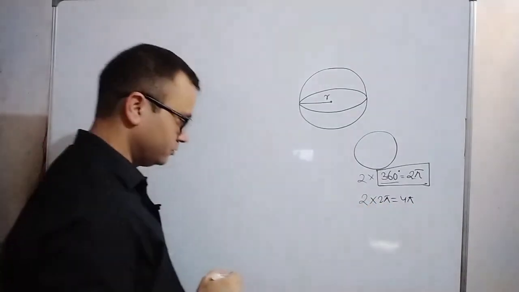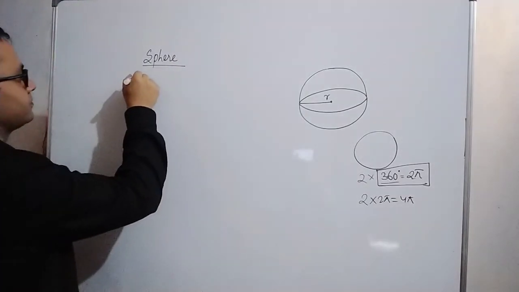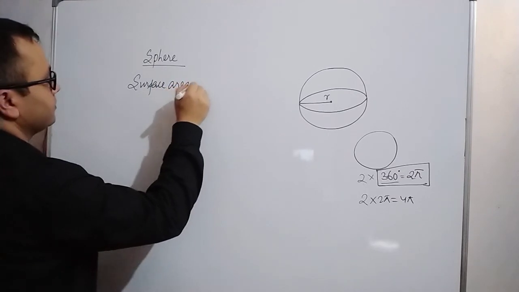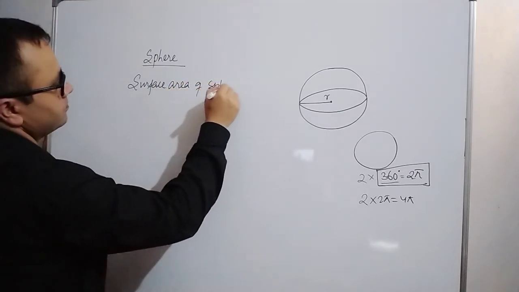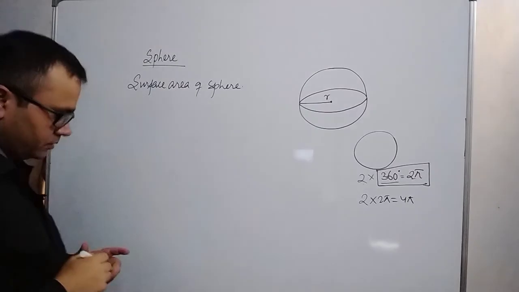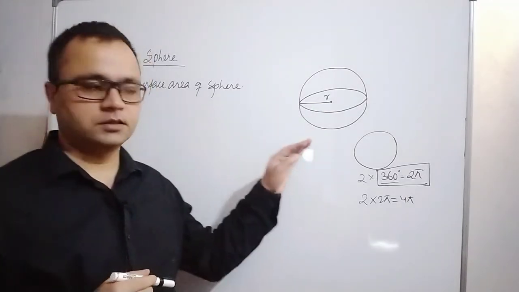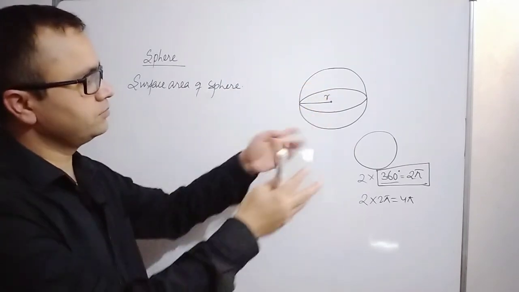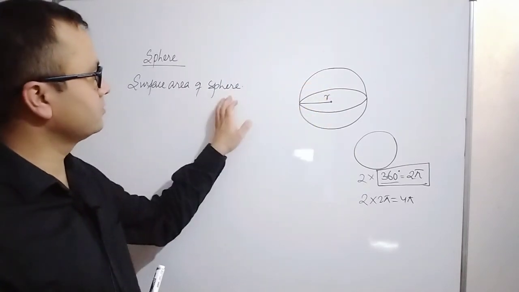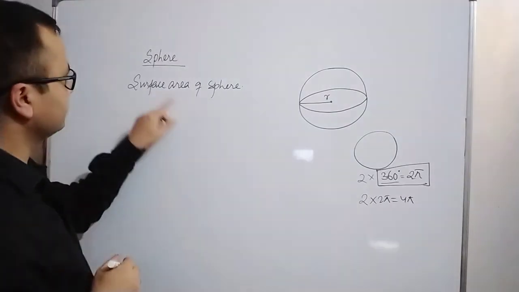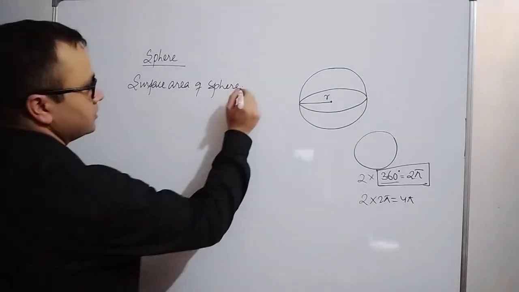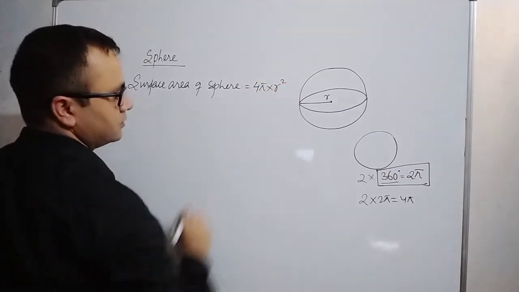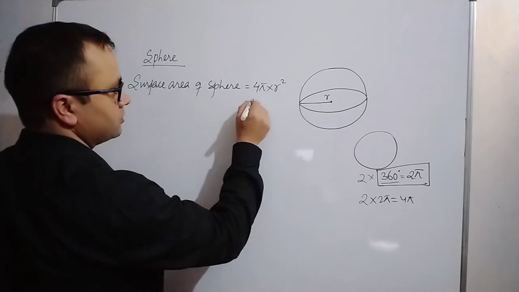Now we need to calculate the surface area of sphere. In sphere, curved surface and the total surface area are same. So all the surfaces are curved. So simply we will write the surface area of sphere is 4 pi into square of the radius, 4 pi r square.